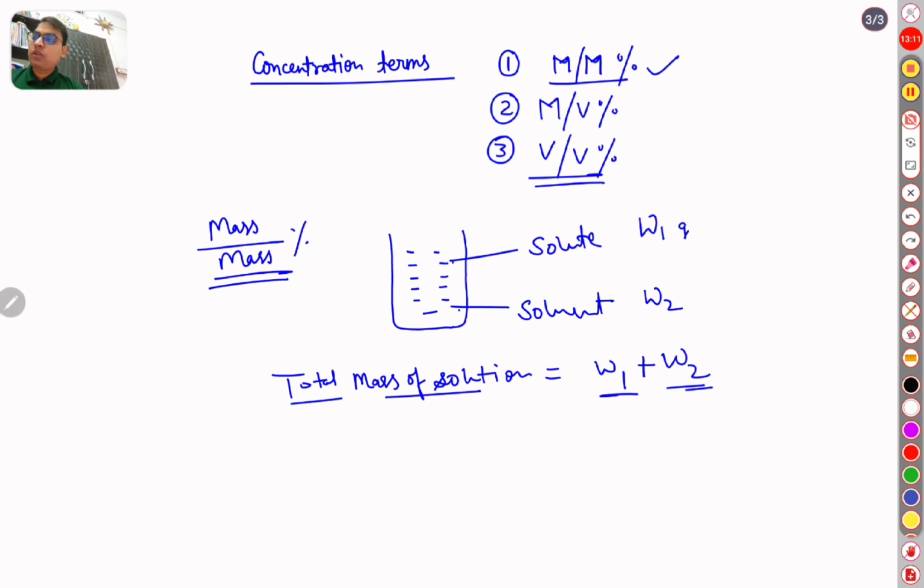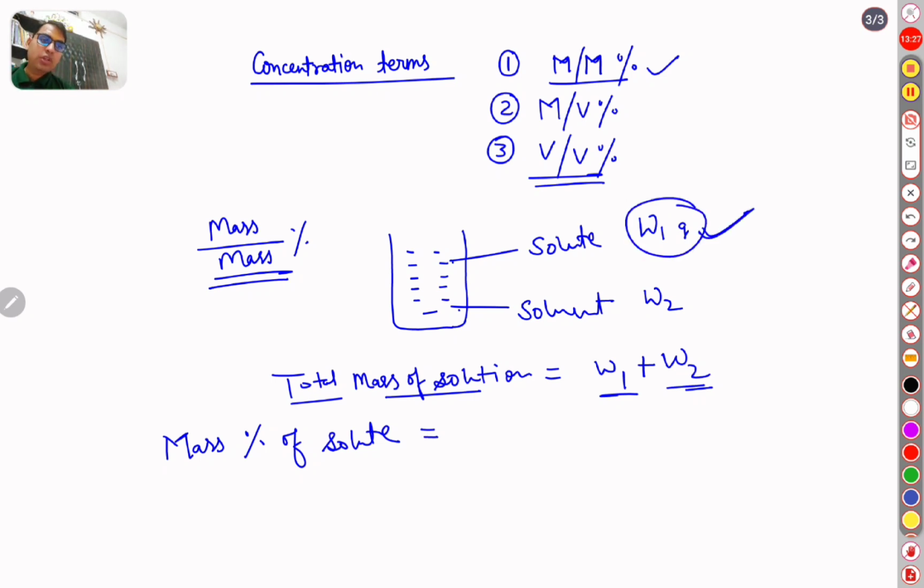Now let us talk about mass percentage of solute. How can we find the mass percentage of solute? Suppose W1 is the solute. Then mass percentage means the mass of solute by the total mass of solution, W1 by W into 100.